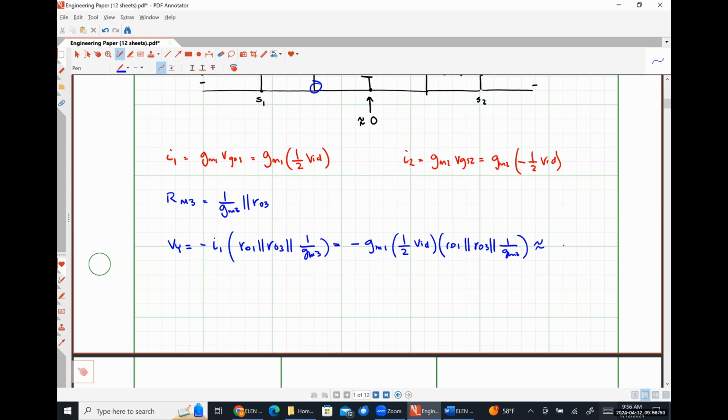So that leaves us with the voltage at node Y being approximately GM1 over GM3 times 1/2 of our input differential voltage. Right.